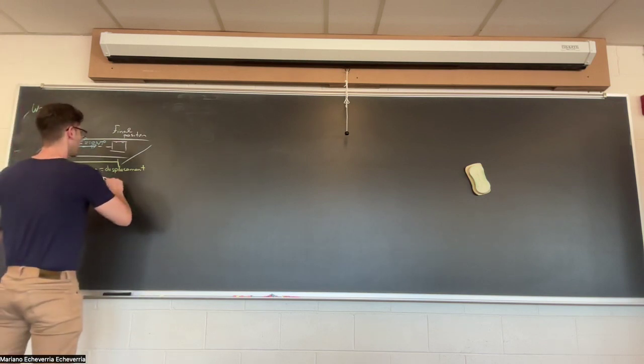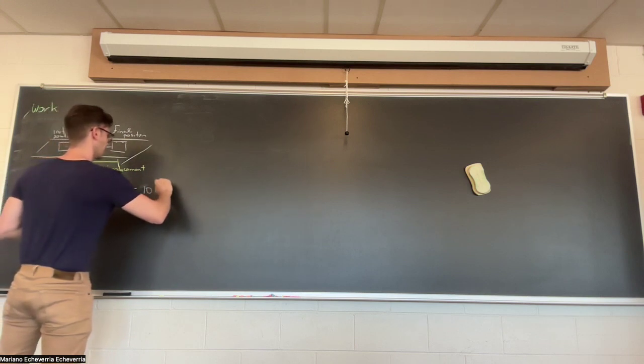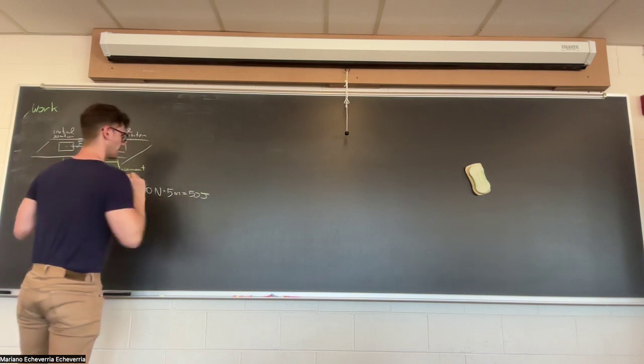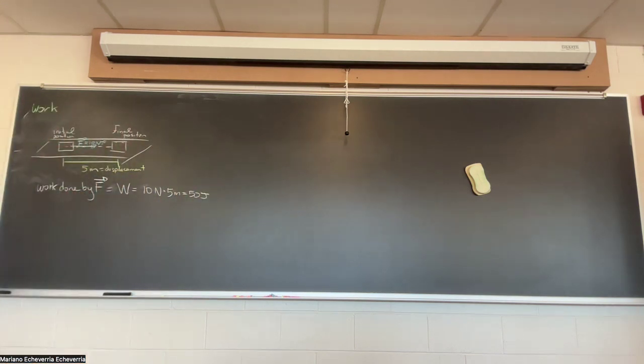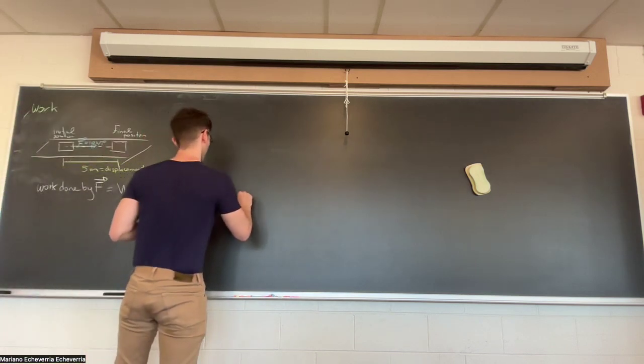I'll call it W for work. That's 10 newtons times 5 meters, and this is 50 joules. It is supposed to be a scalar, so this is going to be a number.